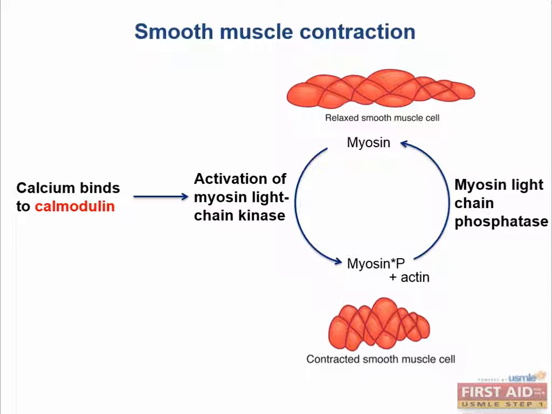One of the most important ones is nitric oxide, which can be formed endogenously in cells like endothelial cells and can lead to blood vessel smooth muscle relaxation, as in vasodilation. So how does it work? The nitric oxide activates the enzyme guanylate cyclase, which increases levels of cGMP.